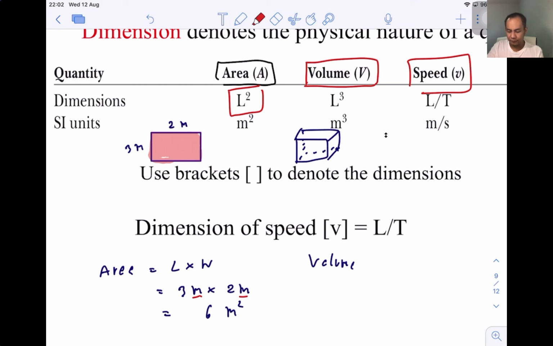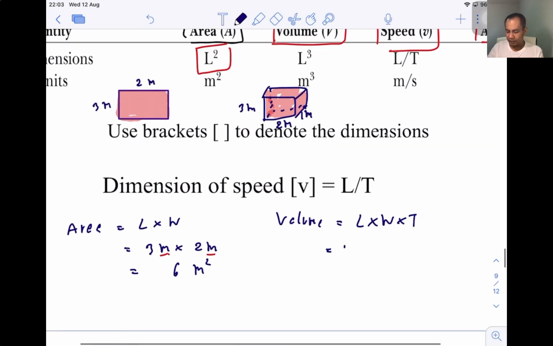Okay, and you have to calculate the volume. The volume here is maybe 3 meter here, 2 meter here, and 1 meter here. So it's length times width times maybe thickness, so it's equal 3 meter times 2 meter and times 1 meter.